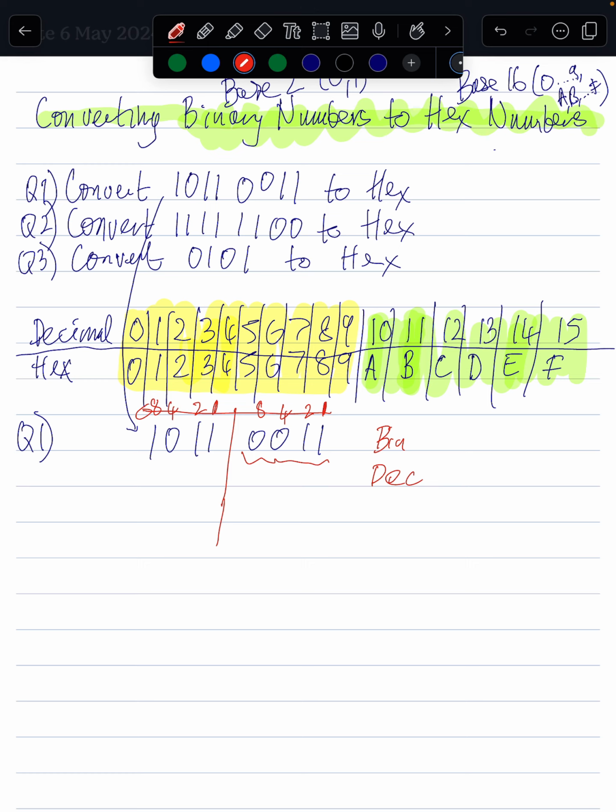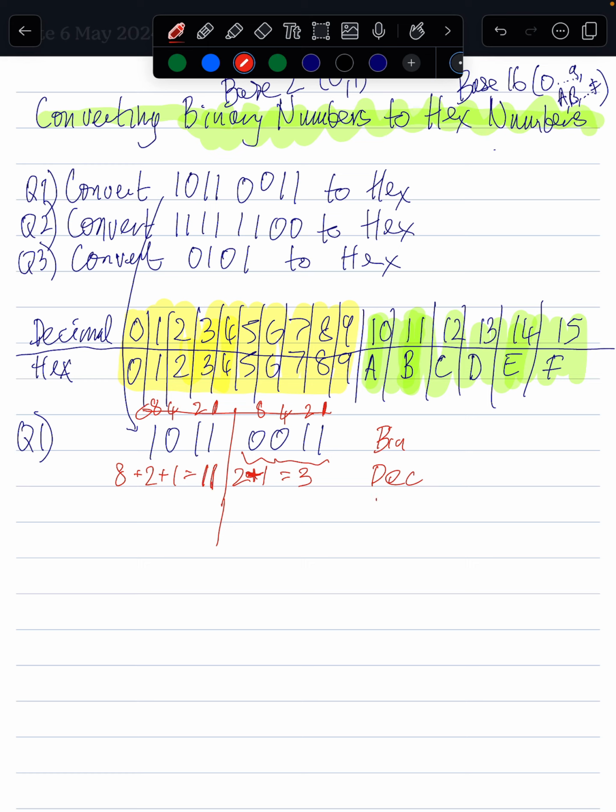Now we can convert this binary number to decimal the way you know. So we've got 0 eights, 0 fours, we've got a 2 and a 1. So 2 plus 1 equals 3. And here we've got 8 plus the 2 plus the 1, because we've got a 1 in those columns, and that's going to be 11.